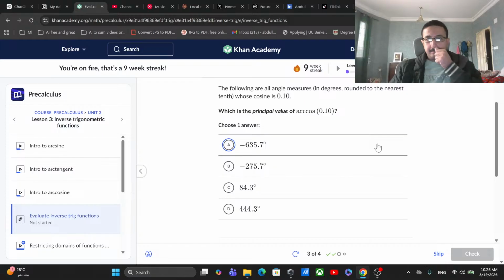Arc cosine, which is the inverse cosine, in degrees.